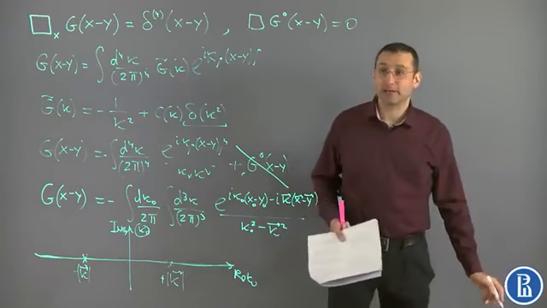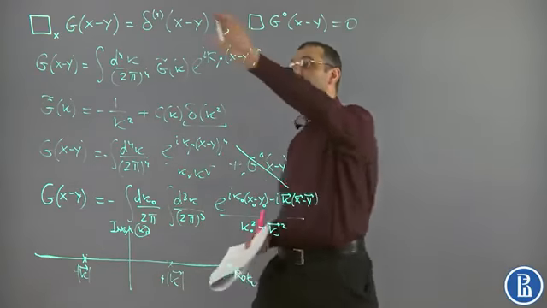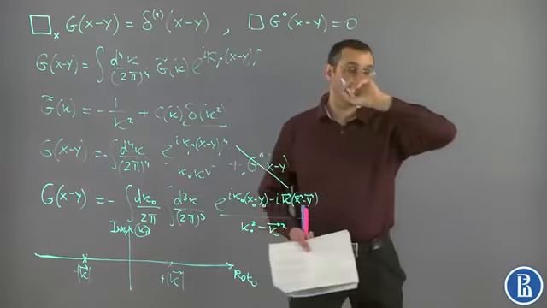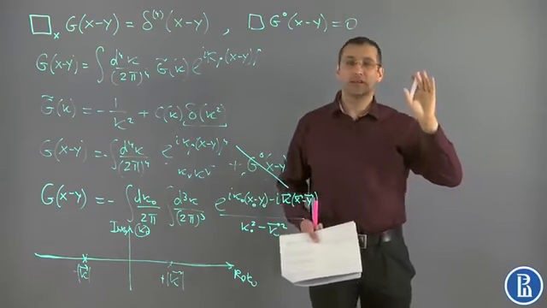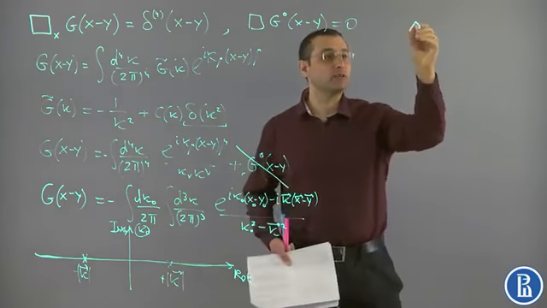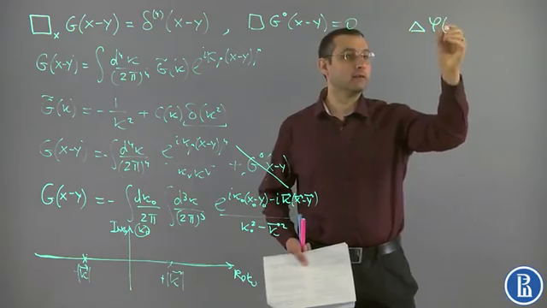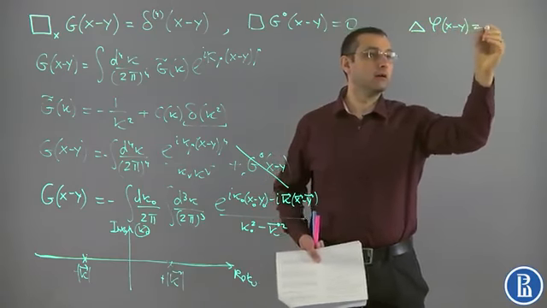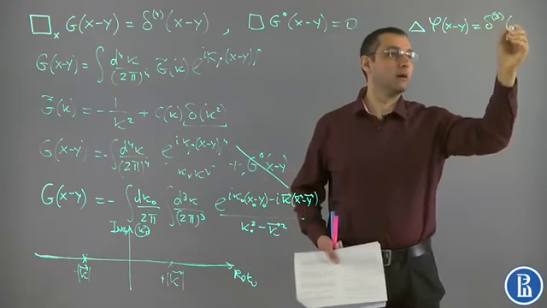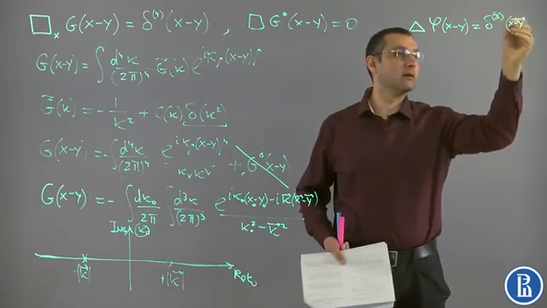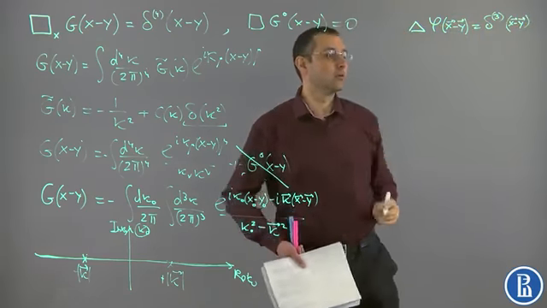Well, what do we expect to get? What is the meaning of this quantity? To understand the meaning of this quantity, let us for a second look at the following guy, with x minus y. Who is this guy?